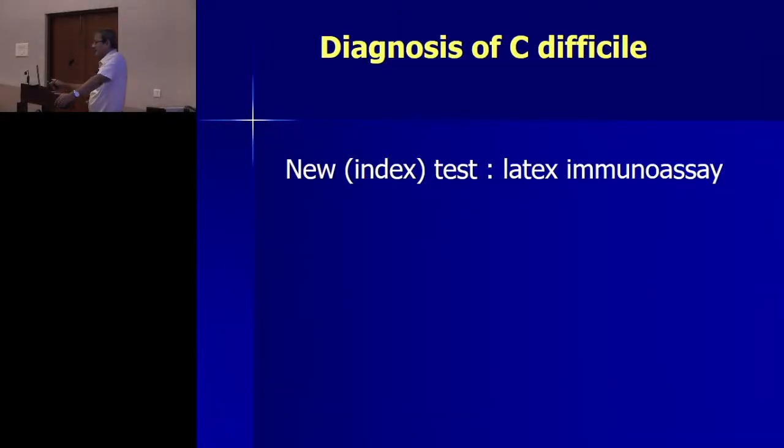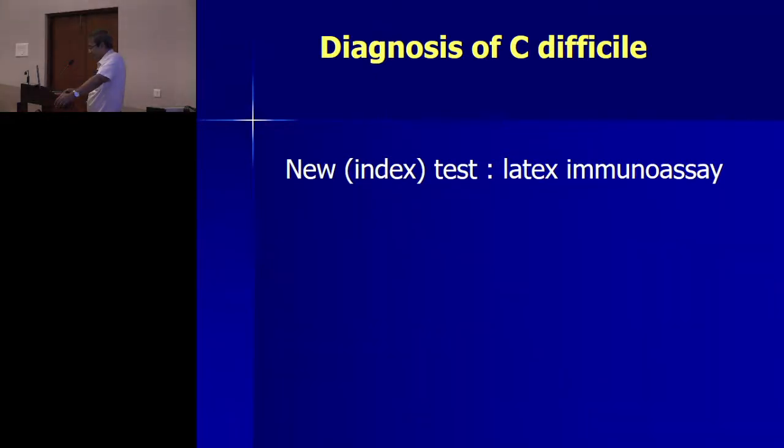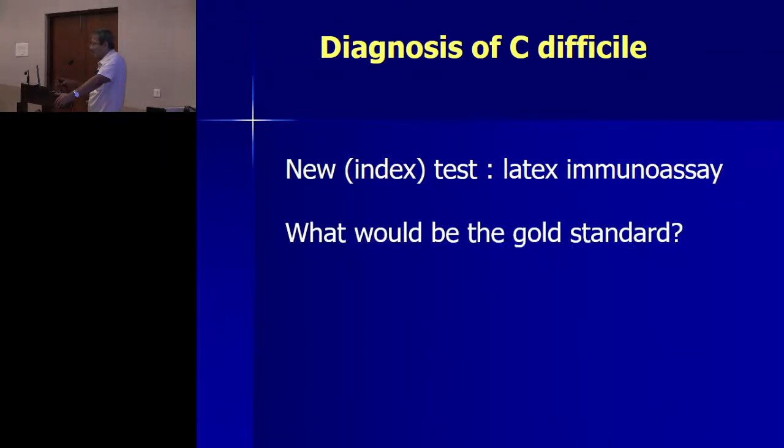Again, take an example of diagnosis of C. difficile. It's a new index test called latex immunoassay. So what would be the gold standard? I don't know, PCR, culture.